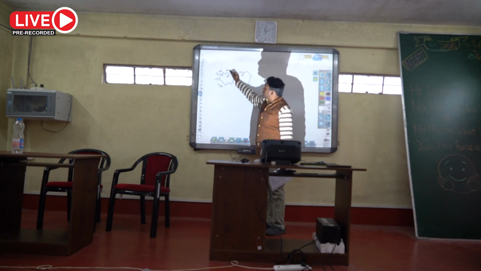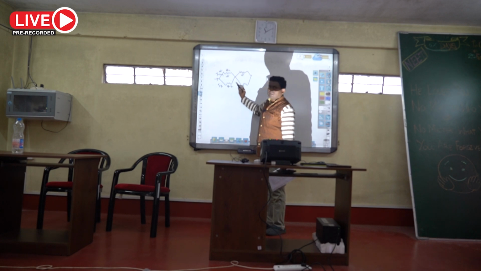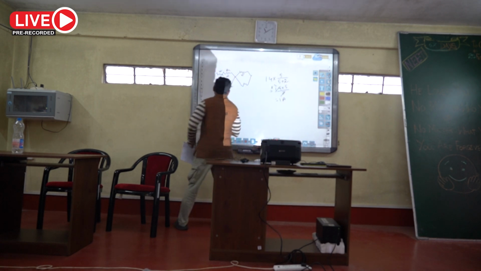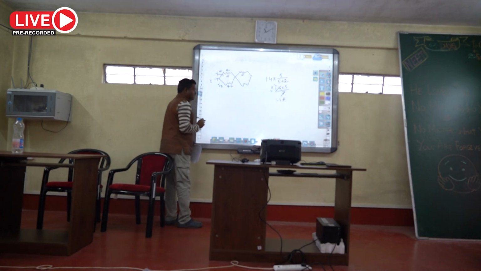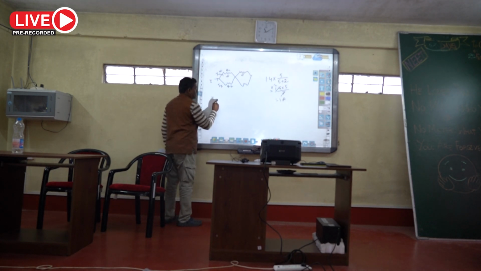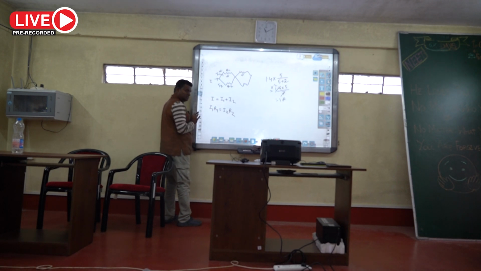This resistance is R1, this resistance is R2. Then the total current coming is I. Then I equals I1 plus I2 and I1 R1 equals I2 R2. From that I have to find I1.